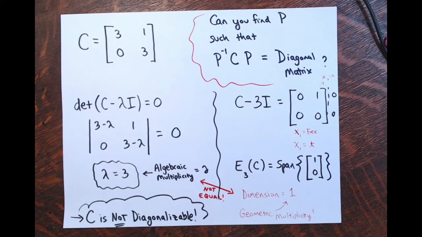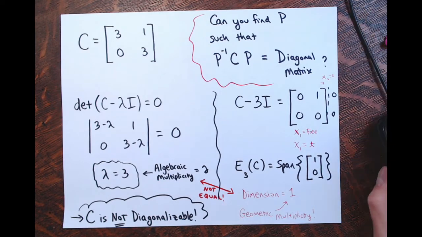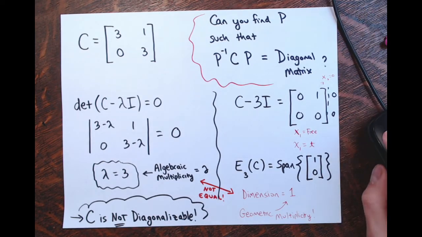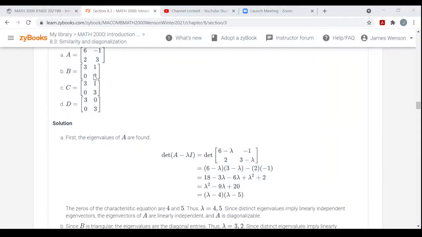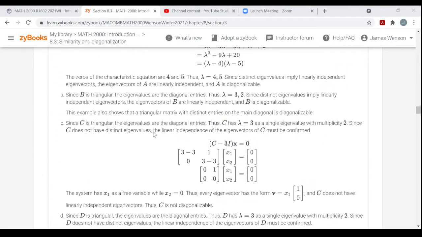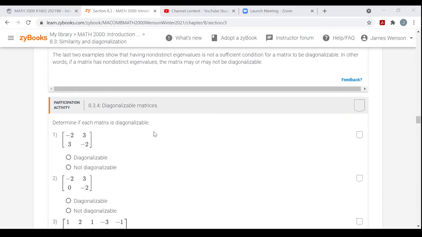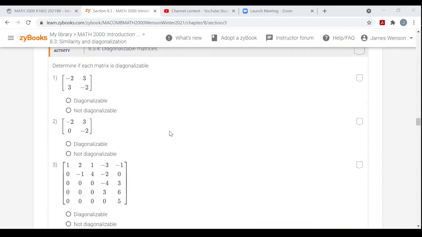And if you find just one eigenvalue where the algebraic multiplicity is greater than the geometric multiplicity, then you can't diagonalize that matrix. So again, you can read through the others. There's example B, example D there. All right. I'll let you do these activities yourself.